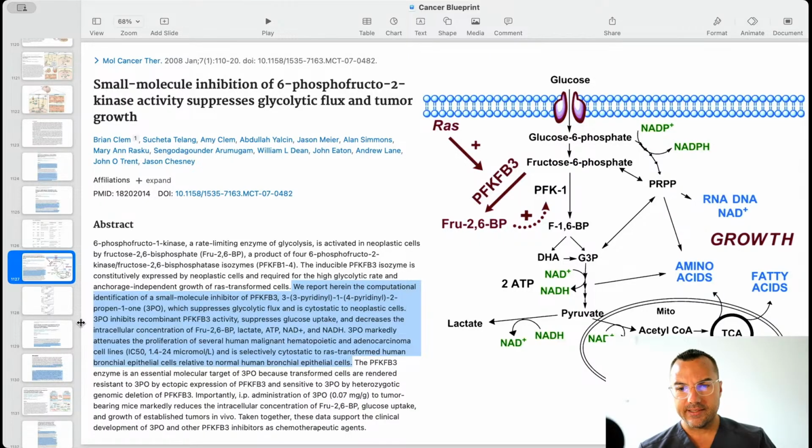So it sounds like it's pretty promising. It's lowering all the right things you would see. And that's what's a little bit confusing about this paper, because it actually does lower the amount of fructose 2,6-bisphosphate, as well as lactate, ATP, NAD, NADH, etc.